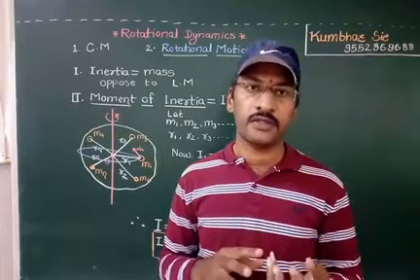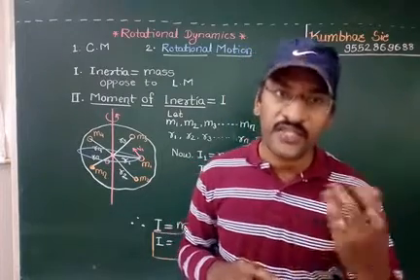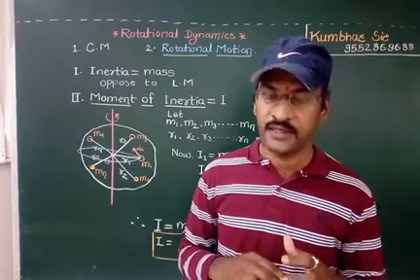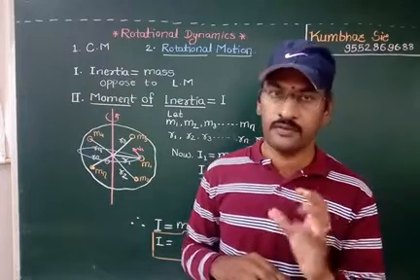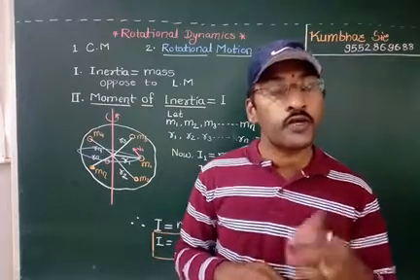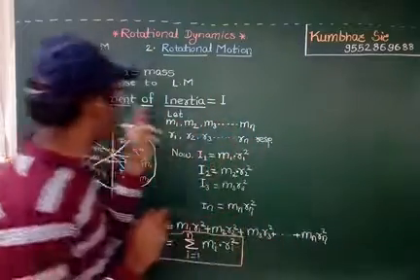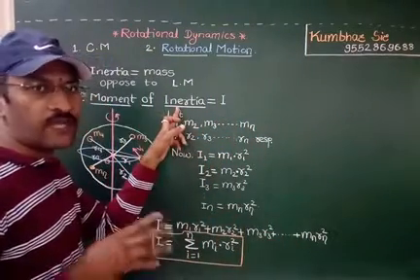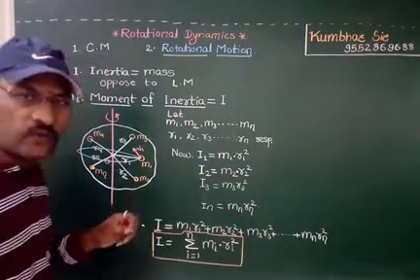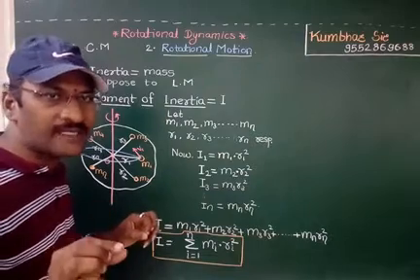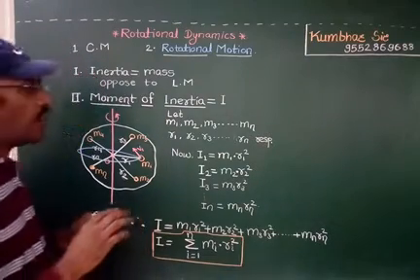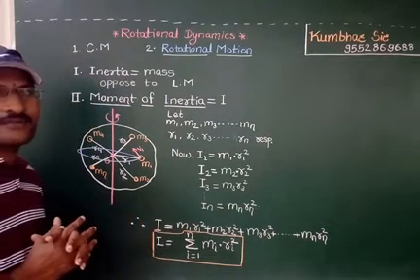This occurs due to rotational inertia. Means this motion opposes the rotational motion. This concept is called moment of inertia. Means opposition to the rotational motion is called rotational inertia or moment of inertia.